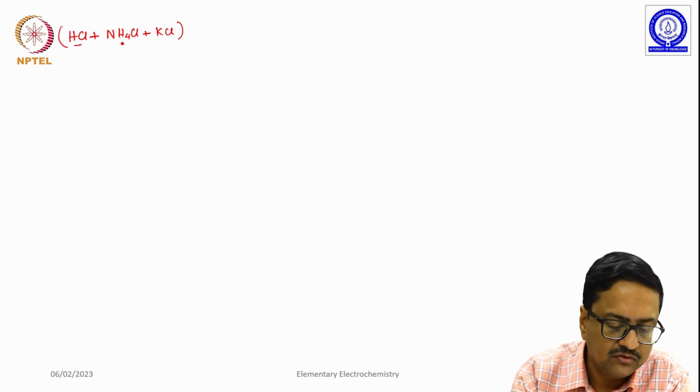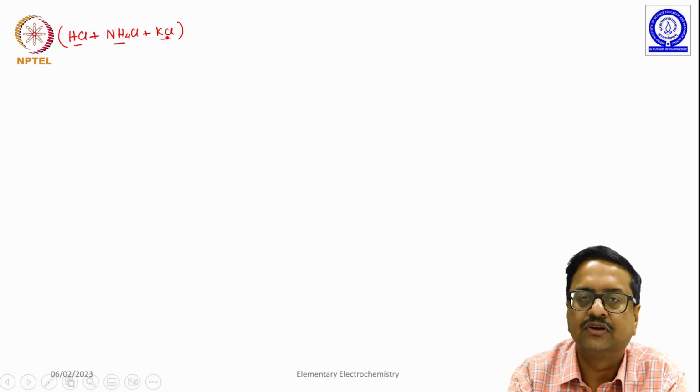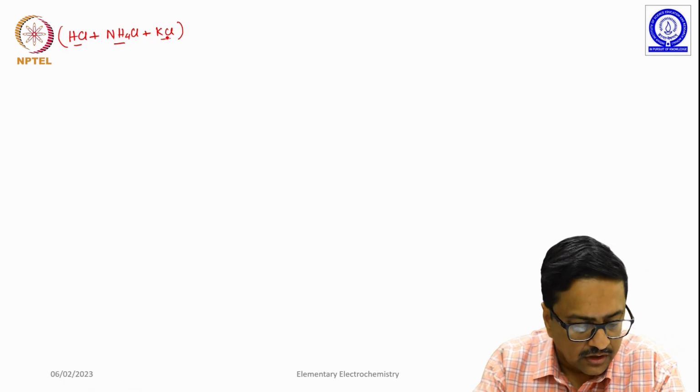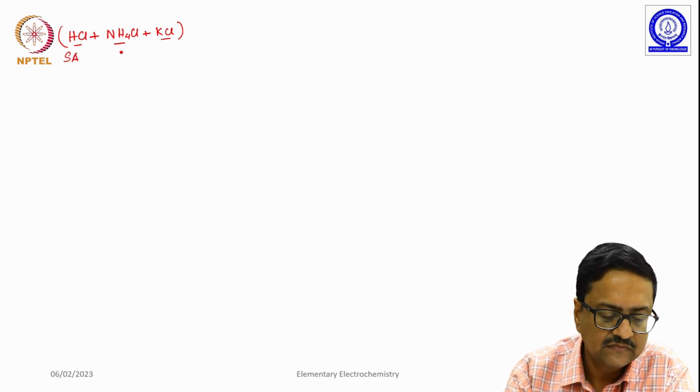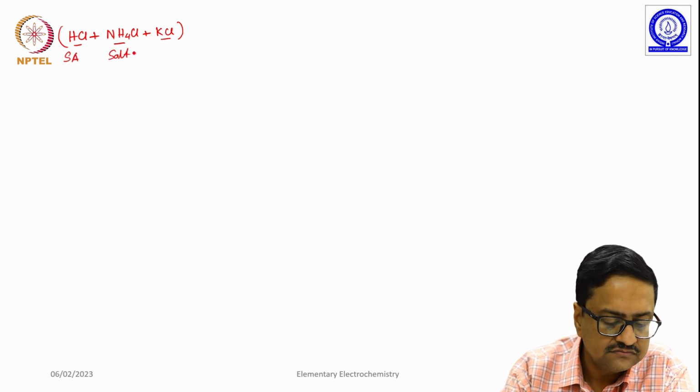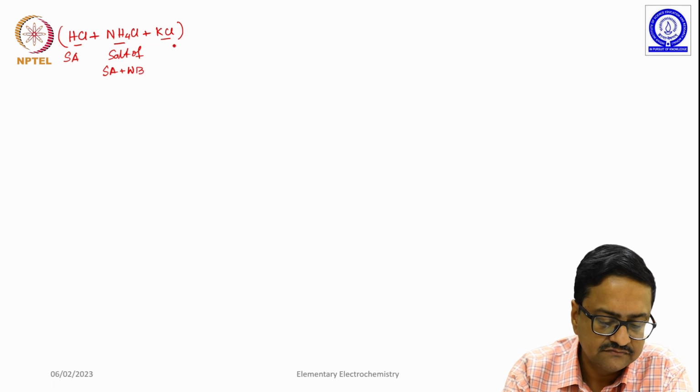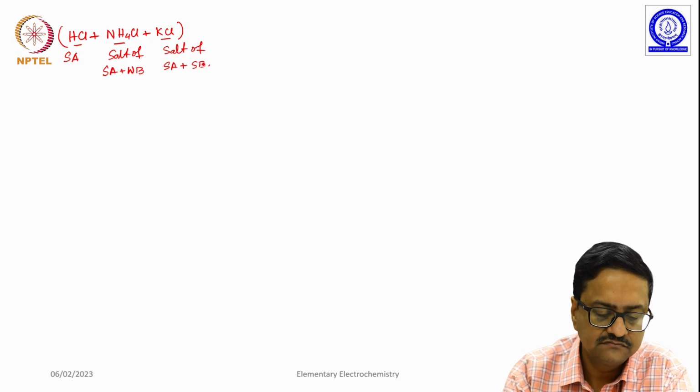I wanted to know the concentrations of these three components individually. So you can see that this is a strong acid, this is a salt of strong acid plus weak base, and this is a salt of strong acid plus strong base.